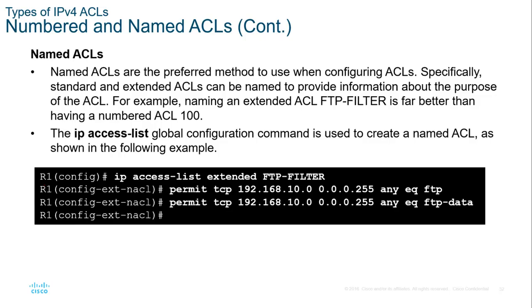So we have the named; the other one was numbered. Here it is named, so for named, we have to use the names. So it's ip access-list.